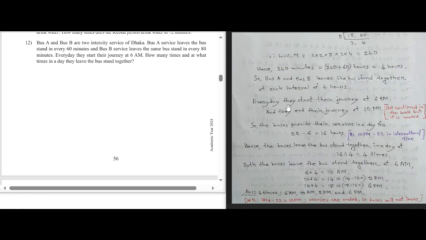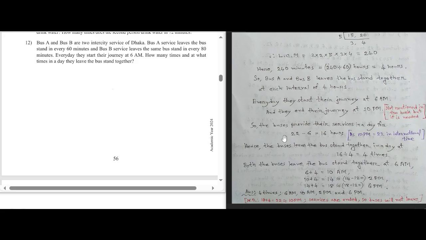So we can write that every day they start their journey at 6 a.m. and end their journey at 10 p.m. This is not mentioned in the book, but it is needed. So we supposed that they end their journey at 10 p.m. I already mentioned it before.